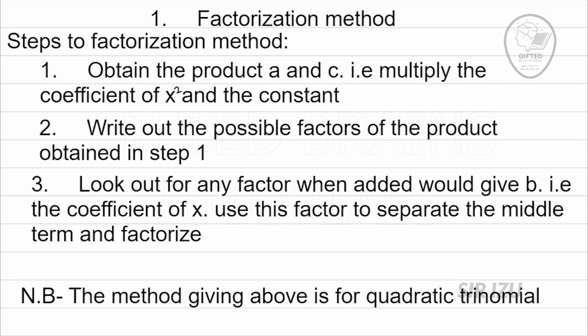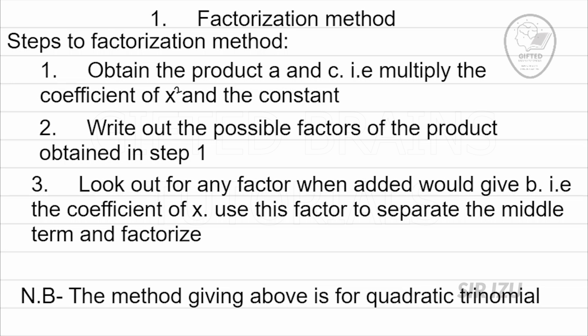First of all, I want to let you know that there are 3 different steps in solving by factorization method. The first step is to obtain the product of a and c. That is, you multiply the coefficient of x squared, which is your a, and the constant. So a and c. The second step is to write out the possible factors of the product obtained in step 1.